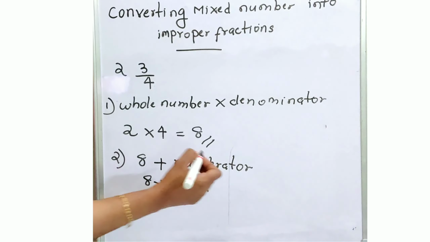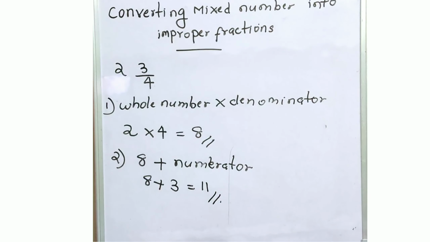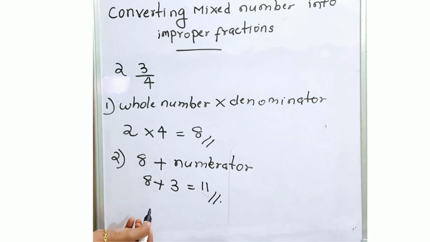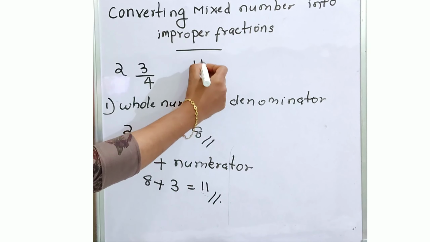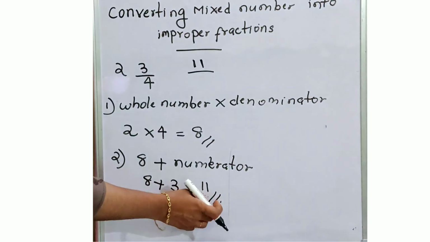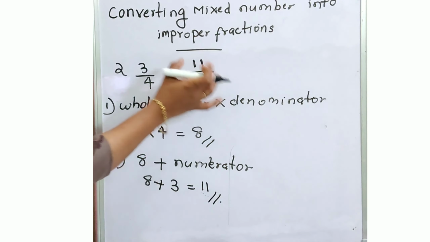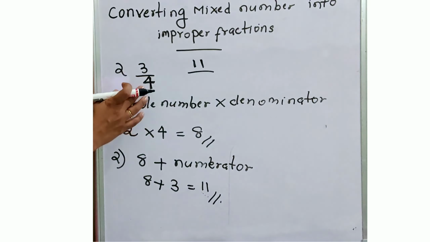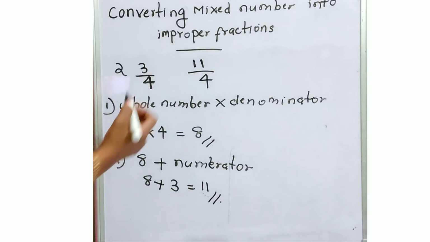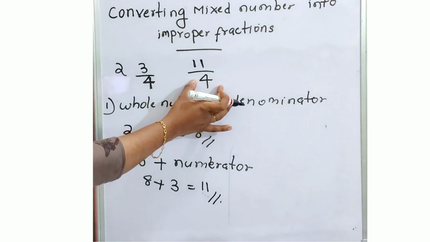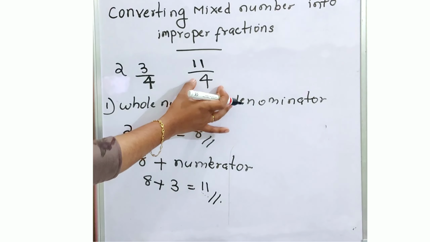That is equal to 11. So 11 will be written as the numerator. The last answer that you have got will be written as the numerator. And the denominator will be the same, that is 4 only.